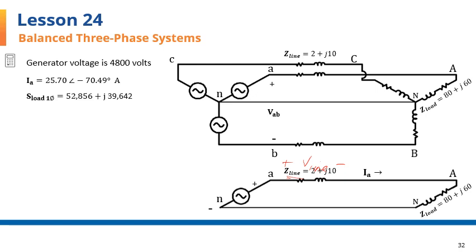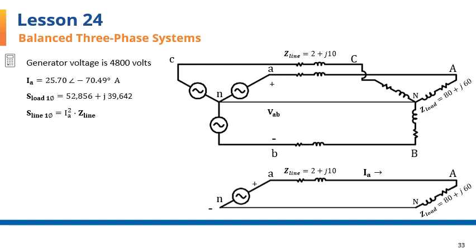But we can skip a step if we just use the other equation for S, and that is I magnitude squared times Z line.